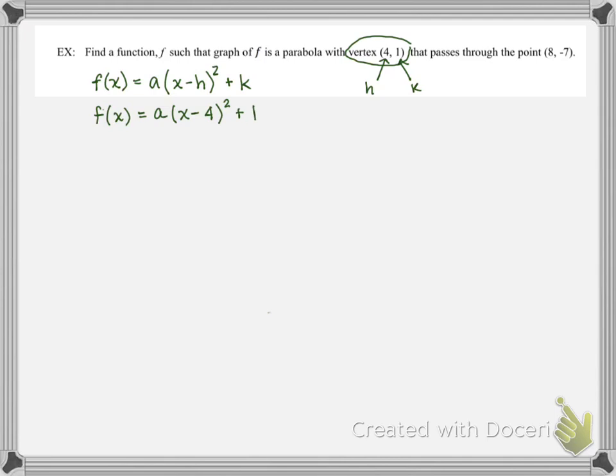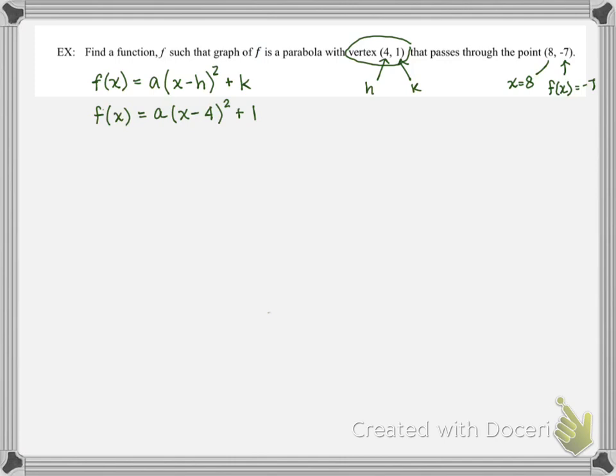So we're almost there, but we still need to know what a is, and that's where that second point comes in. That second point tells me that when x is 8, f(x) is -7. So I can replace f(x). Remember, replacing f(x) is not the same as replacing x.